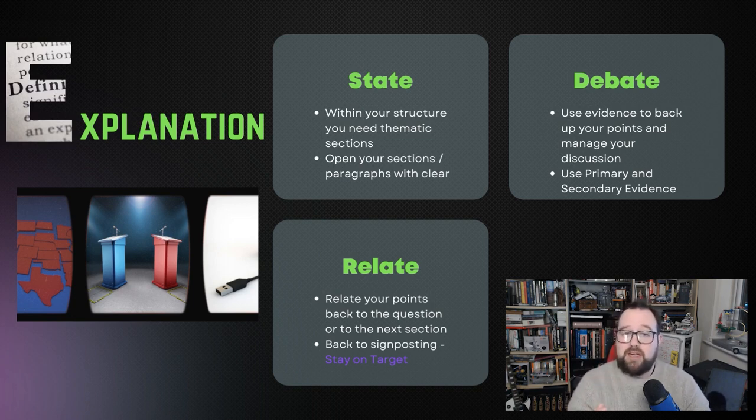But the point here is that if you're doing your state, debate, relate, you've done your state, you've stated that tanks were controversial when they were introduced in the First World War. Then you would possibly go on to say that Smith argues that tanks were particularly controversial because they had a propensity to being targeted on the battlefront.